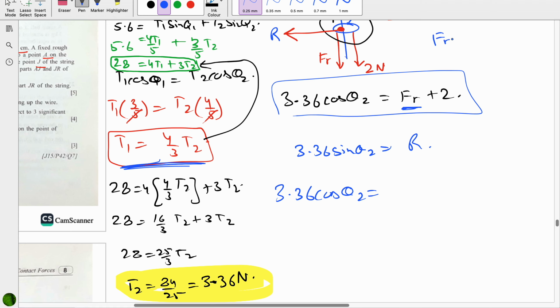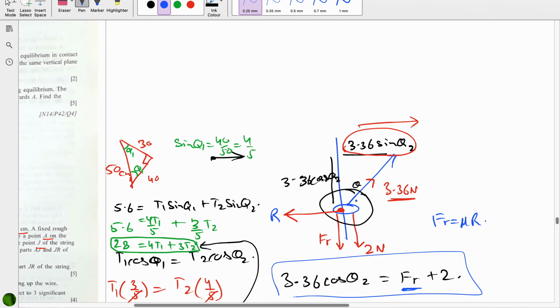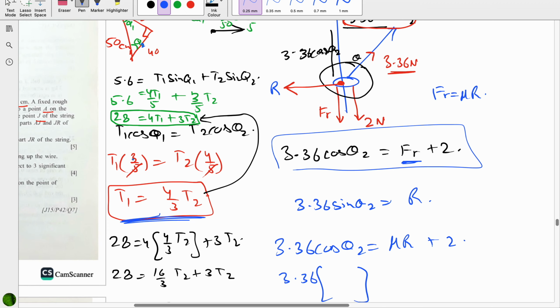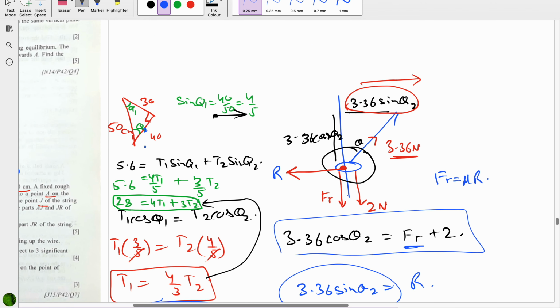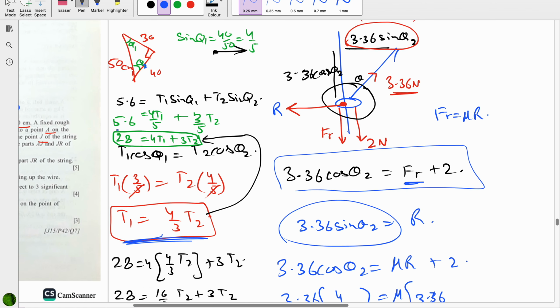Friction was F equals mu R. So this is mu R plus 2. Meanwhile we just substitute these values. Cos of theta 2 is 4 by 5 from the same triangle, is equal to mu is unknown, R is 3.36 sine theta 2, again from the same triangle, is 3 by 5.